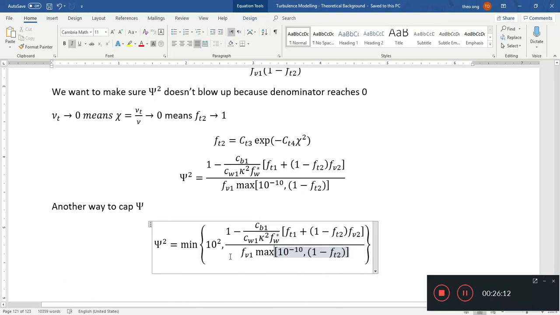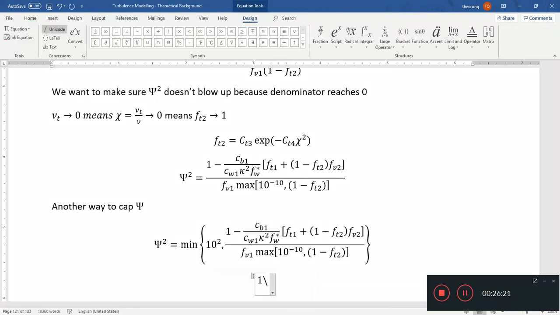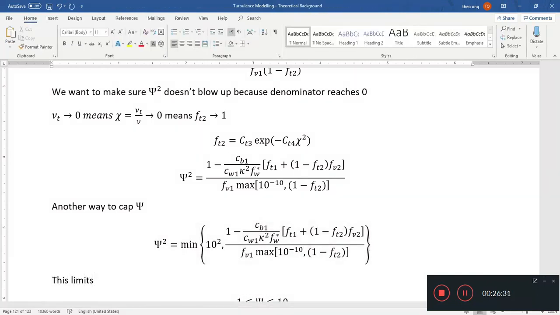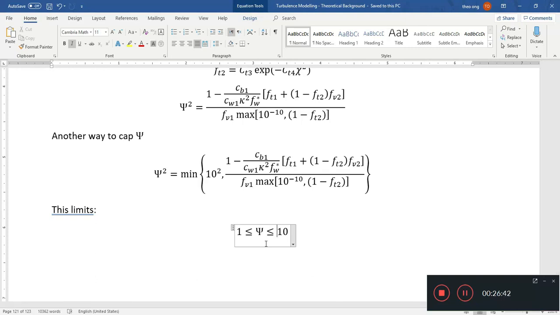So you cap psi square at 10 square. This makes it such that psi goes from 1 to 10. This is how the booster function, so to speak, behaves, and this is actually the low Reynolds number correction.